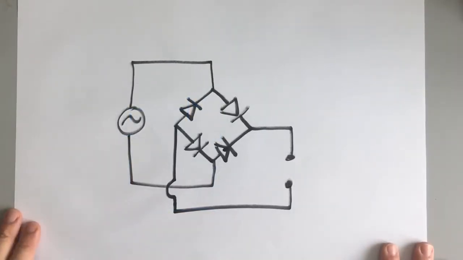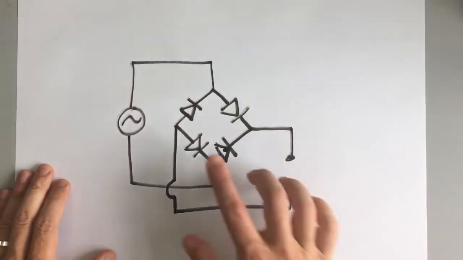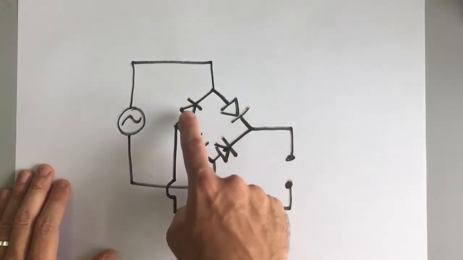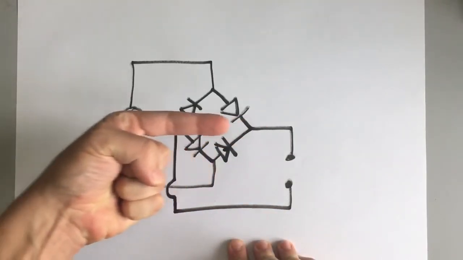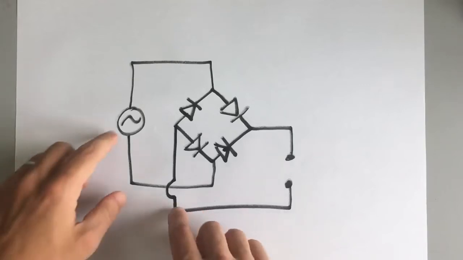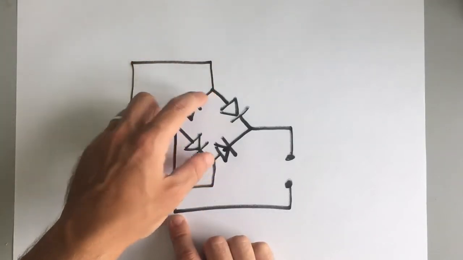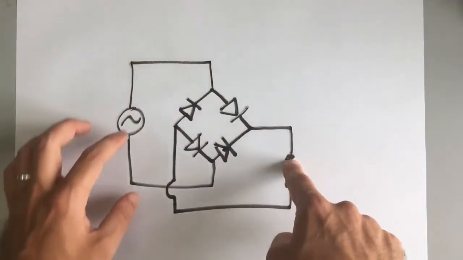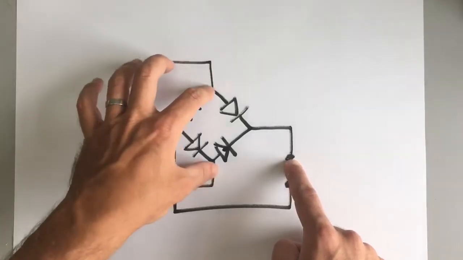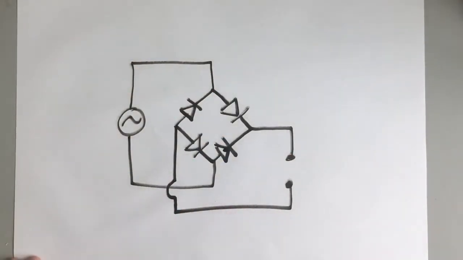Now, if we want to be slightly more advanced than a half-wave rectifier, we can use one of these. This is just 4 diodes connected in a diamond shape, and you can see that all the diodes are pointing that way. What that means is when you get your AC circuit coming in at the top, if the AC is positive, then it makes this positive, but if the AC is negative, then it also makes this side positive, and I'll show you an animation in a second to show you that.